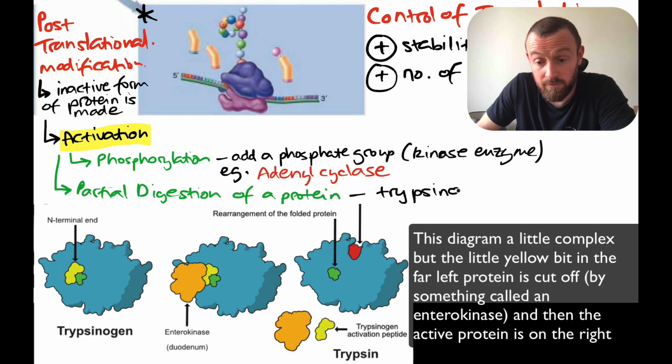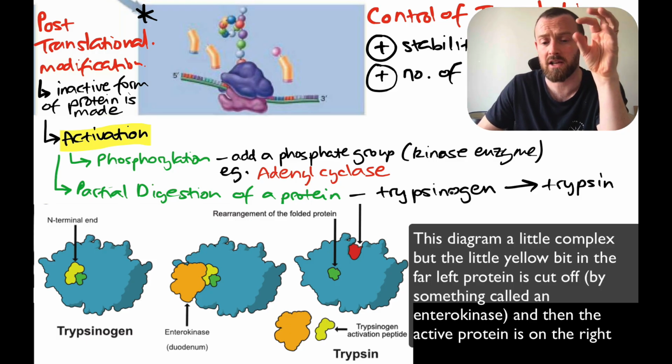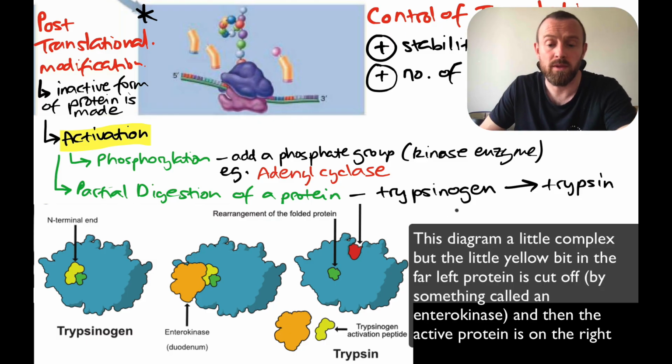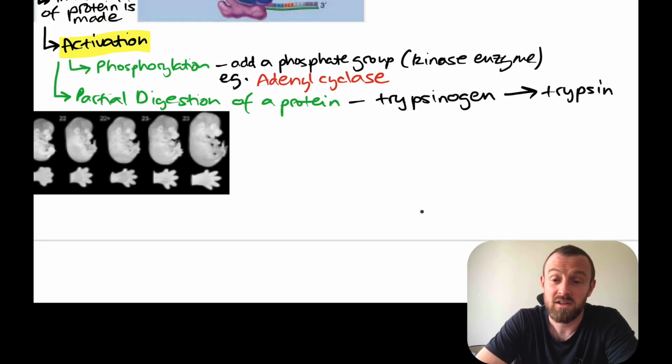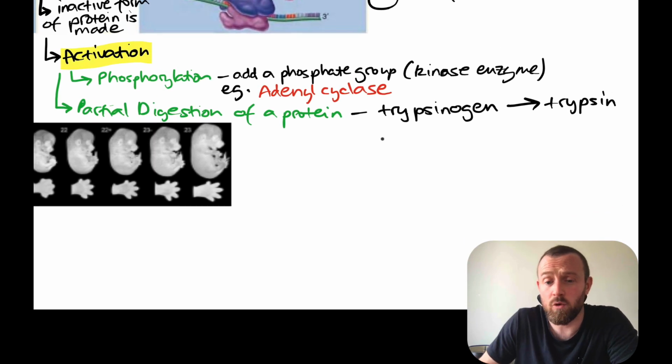is an inactive form of the enzyme trypsin, and it's then converted into trypsin. And actually, there's a protease enzyme that works, I think, in the small intestine, that cleaves off part of the protein and turns it into its active form. Just in terms of being aware of biological names, if you see something with inogen at the end, quite often it's an inactive form of something.